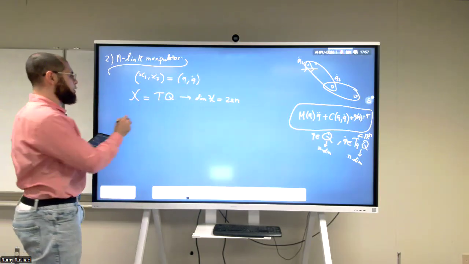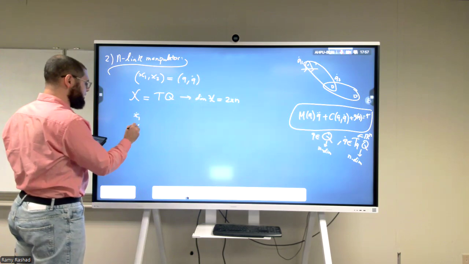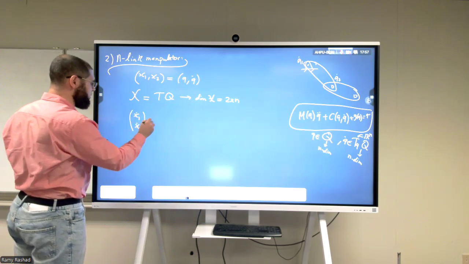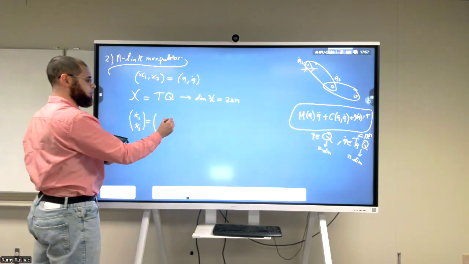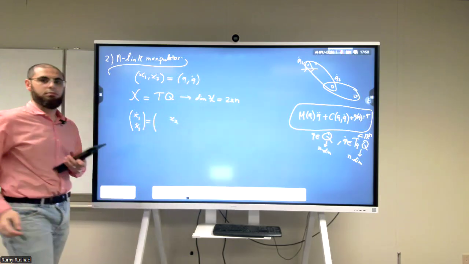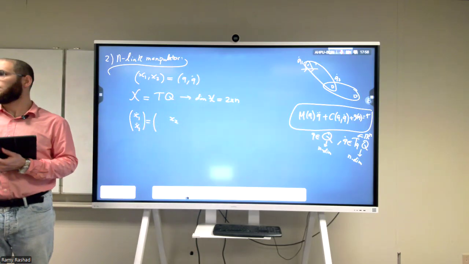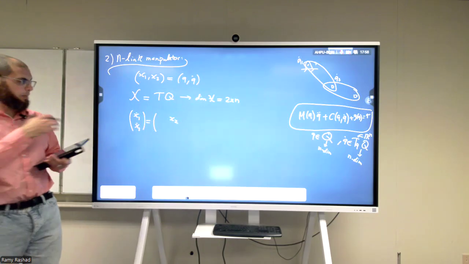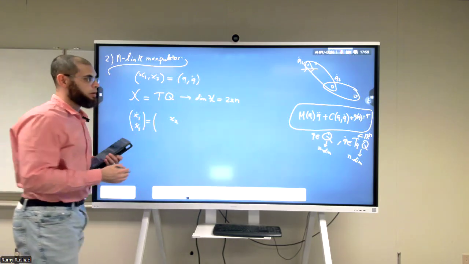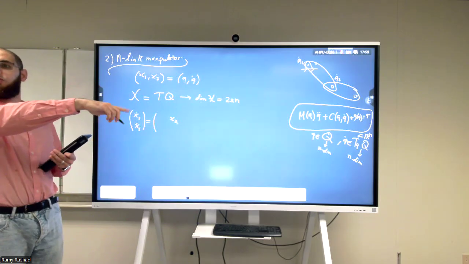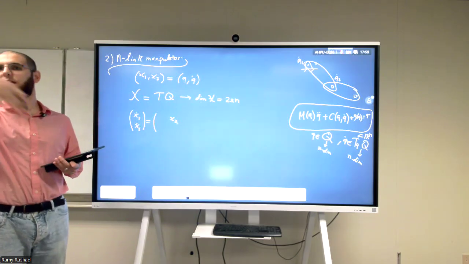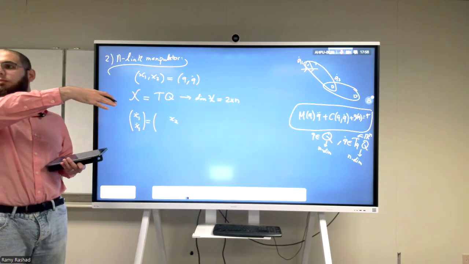So how does the equation look? How do we write down x1 dot and x2 dot? x1 dot is equal to x2. What about x2 dot? It's q double dot, right? So I just need to put everything else and multiply in the end by M inverse.